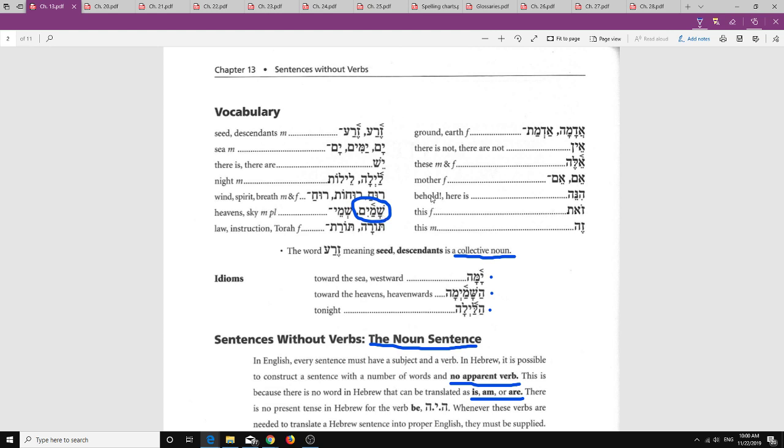Some people have taken this to be part of ancient Israel's understanding of cosmology, that there are two heavens, a lower heaven and an upper heaven. So shamayim, the heavens, and that's why it's plural. But I don't know that we have anything conclusively saying that. As far as I know, it's just an idea.